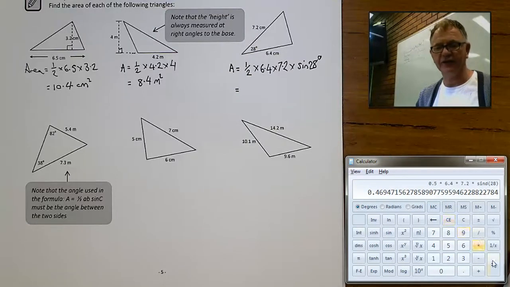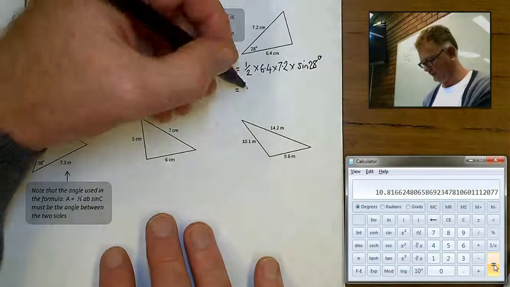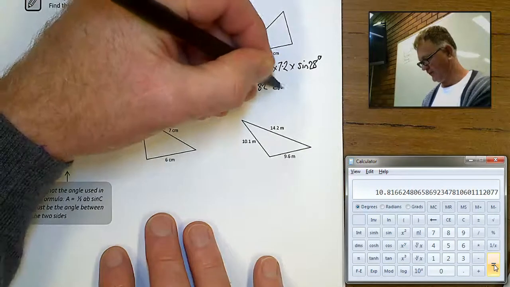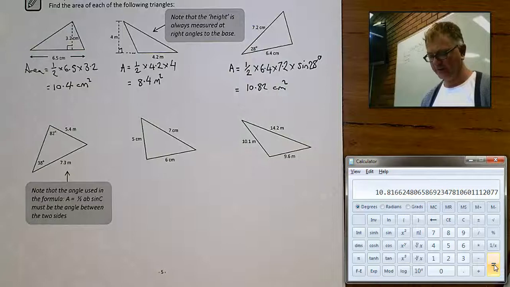Now your calculator might be a little bit different, and if I press equals, it worked out the sine of 28, and the whole thing works out to be 10.82 centimetres squared.